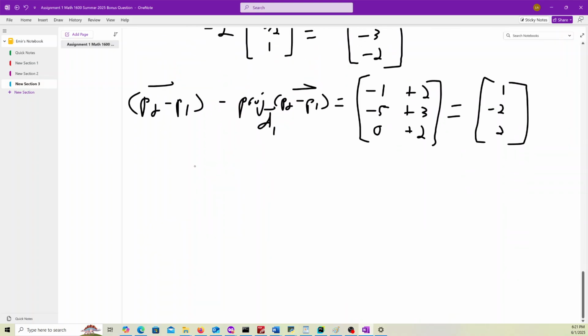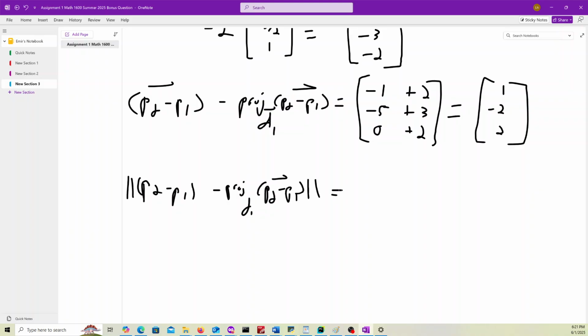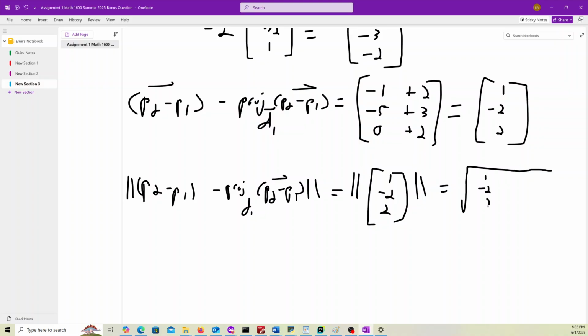You can find that by taking the magnitude of P2 minus P1 minus the projection, which is equal to the magnitude of 1, negative 2, 2, equal to the square root of 1, negative 2, 2 dot 1, negative 2, 2.